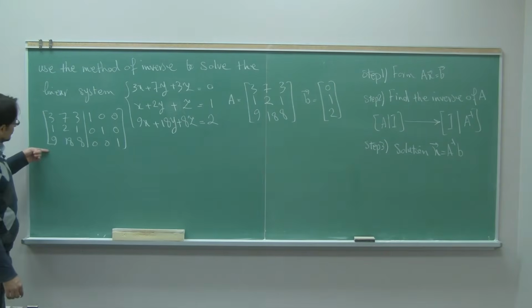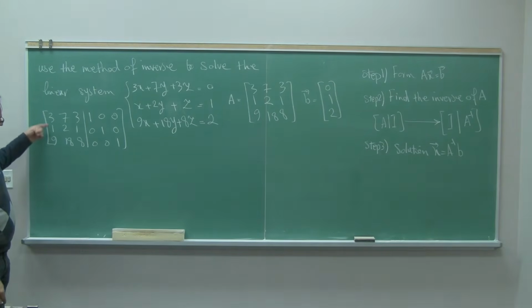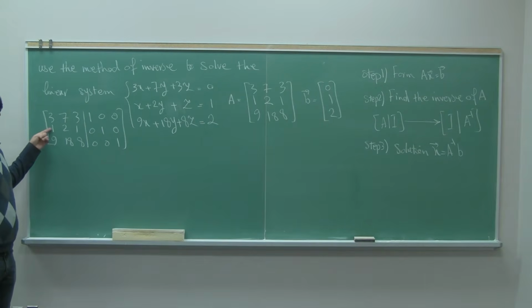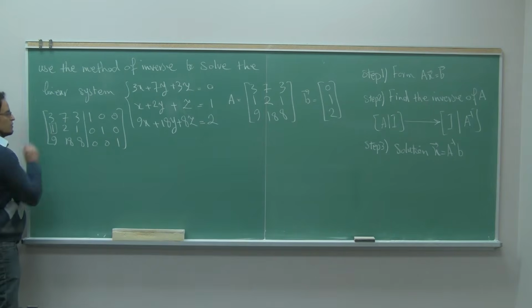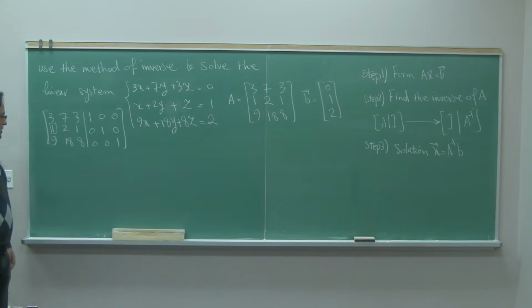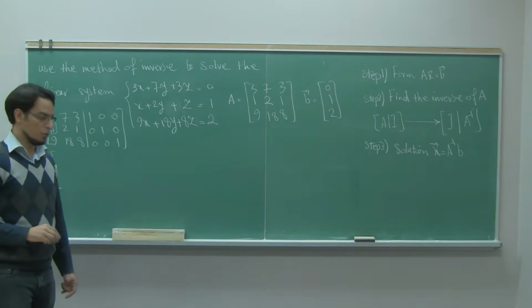Well, I have to choose one of these entries in column 1 to be my leading one. To avoid any fractions, I will choose this one to be my first leading one. Then I have to put it in the right place. The right place is the first row, so I need to exchange row 1 and row 2.